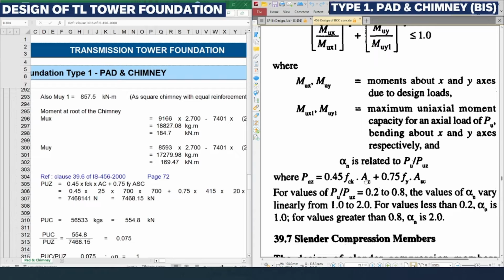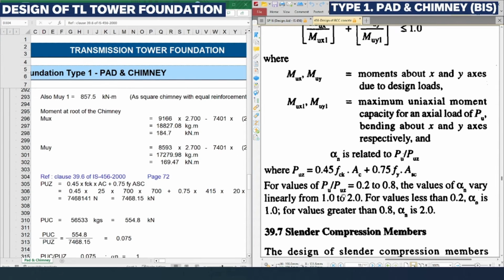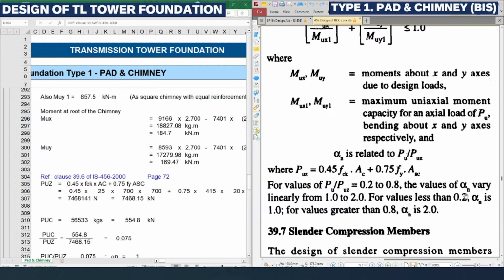Pu divided by Puz generally ranges from 0.2 to 0.8, and for this range we consider alpha n varying linearly from 1 to 2. Let us see how we work on that.